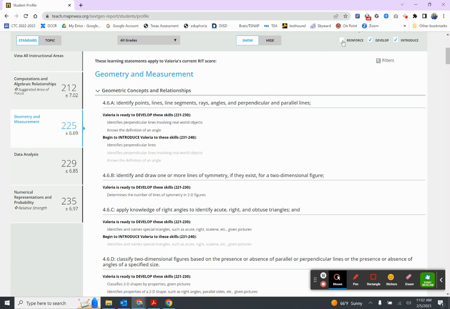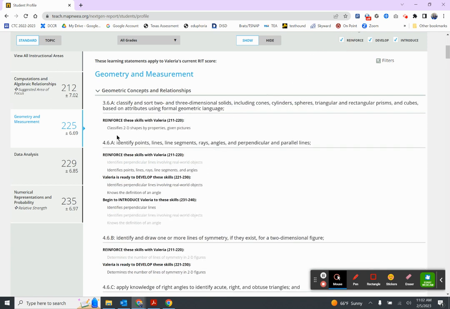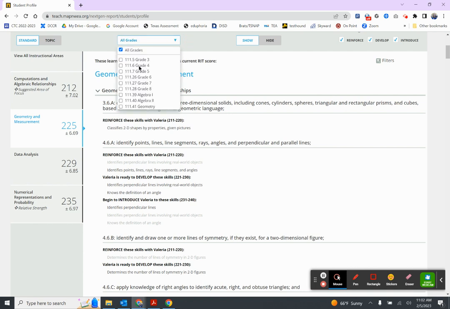Now, when we go to reinforce, here's what we can reinforce. That's what she's got. And if we're looking for something to extend, if we're looking to dig deeper and broader, that would be where we go. Now we can limit it. This shows all grades.